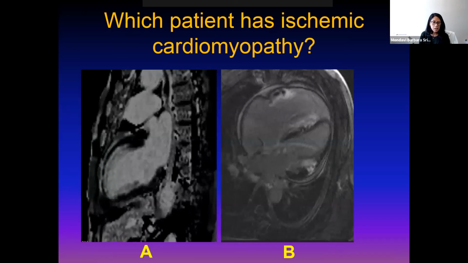And so when we look at patients who have evidence of late enhancement, and we're looking at bright areas here, those that have subendocardial enhancement tend to be of an ischemic variety, whereas those who have patchy, scattered areas that don't follow a coronary distribution most likely have a non-ischemic etiology.